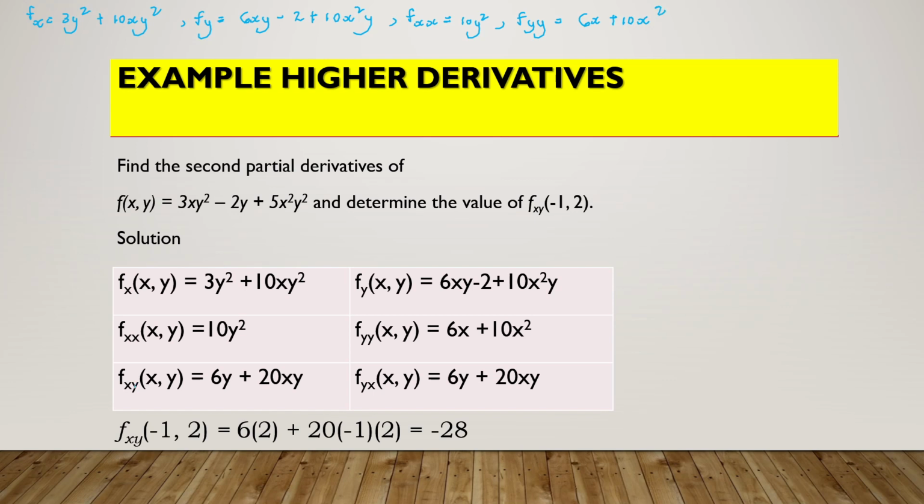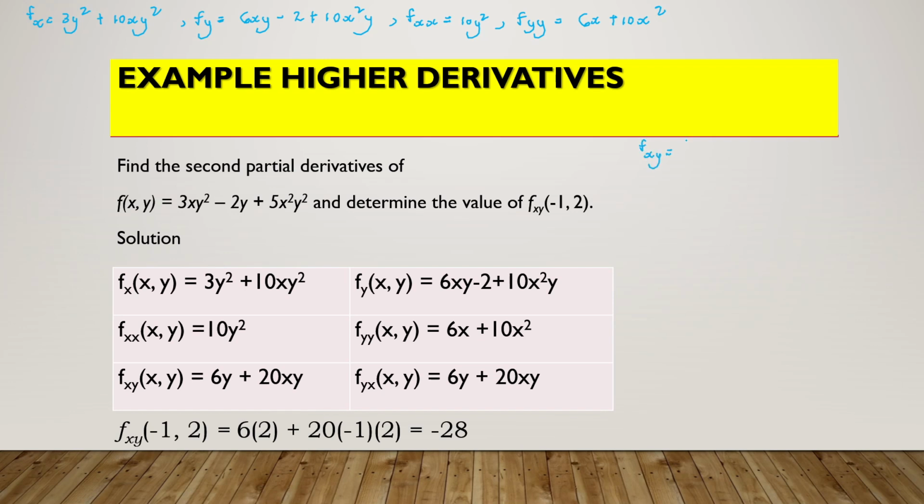So we are going to find fxy and fyx. Later on, fxy at negative 1, 2, put it here to prove this one.